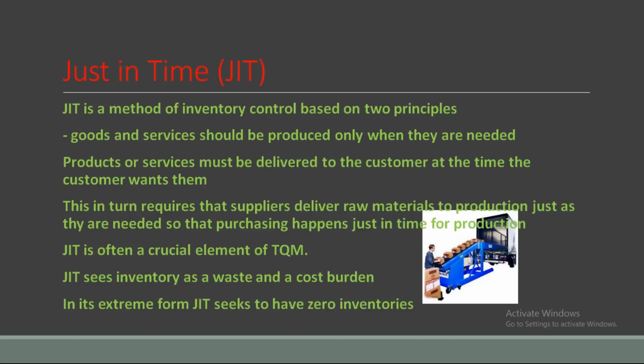We don't produce services and keep them. We just produce only when the customer wants. And because of that, we also buy from our supplier only when we want. For the supplier, we are the customer, and we buy from the supplier only when we want, and we manufacture goods only when the customer wants it.